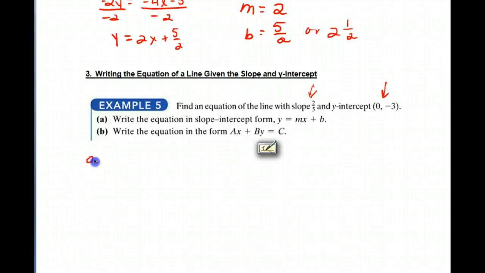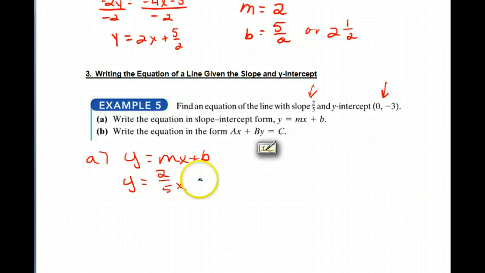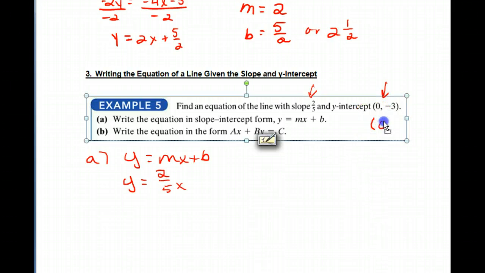So part A says put the equation into slope-intercept form, which is mx plus b form. Well, m is slope. They told us that the slope is 2/5, so we're going to plug that in. So we have 2/5 x plus b. b is -3. Remember, the intercept is always (0, b).